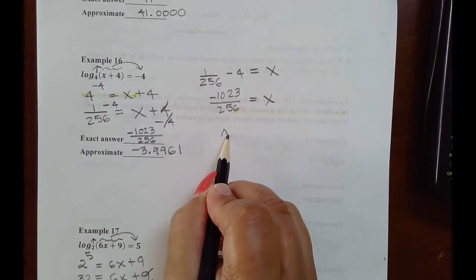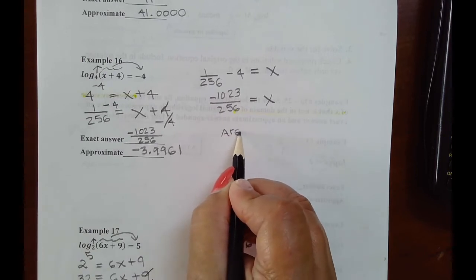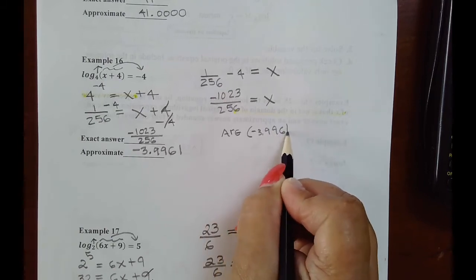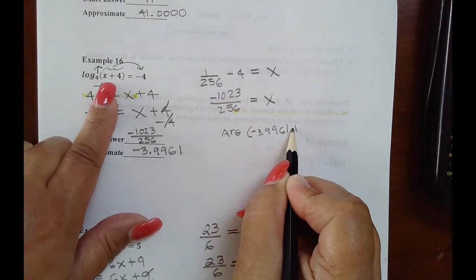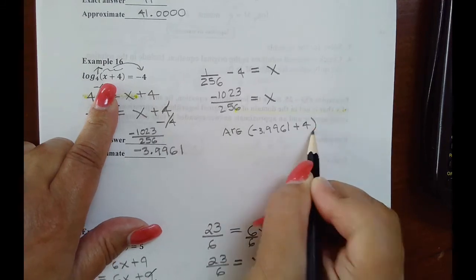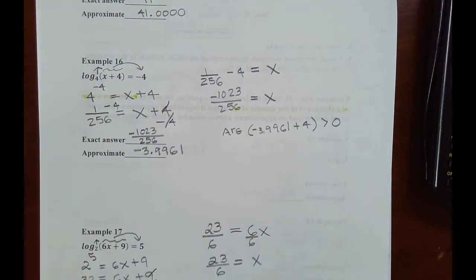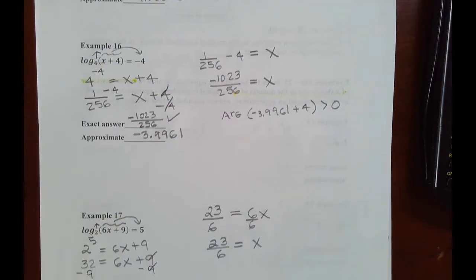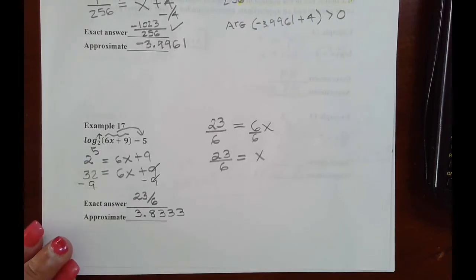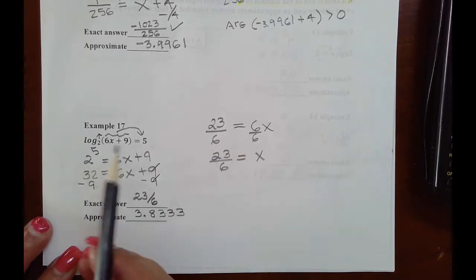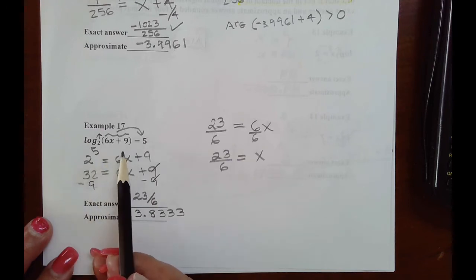So the argument in this problem is negative 3.9961 with 4 added to it, because that's the entire argument. This is bigger than this, bigger number is positive, therefore that argument is greater than 0. So you're actually okay there. Just because it's negative, don't throw it out. You want to make sure that it's not something that should be rejected for the argument. This right here is a positive number, so multiplying it by 6 and adding 9 is still going to be positive. So we were fine there as well.